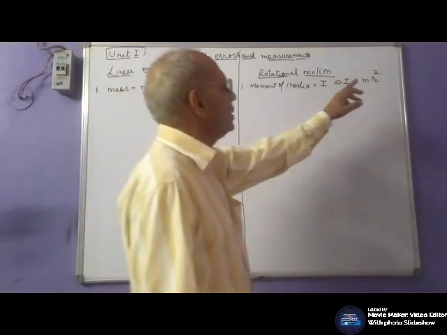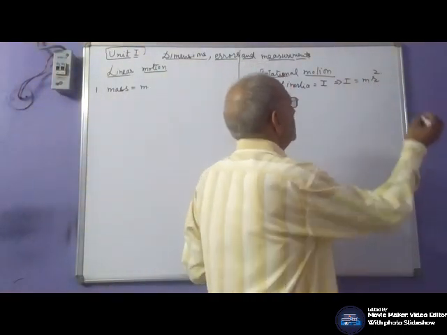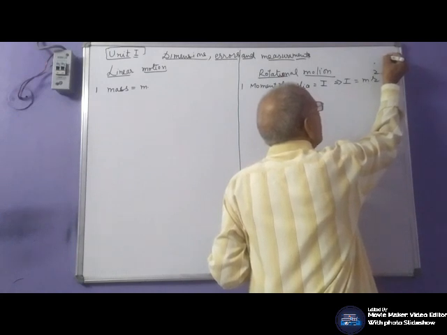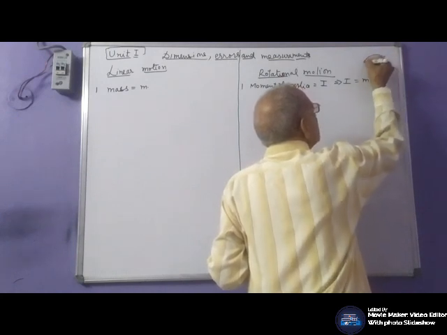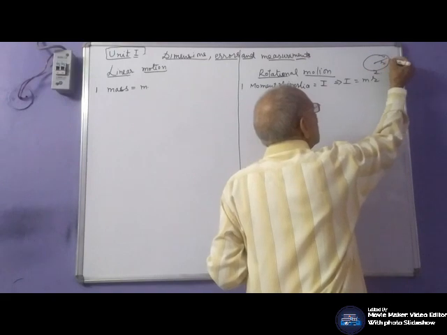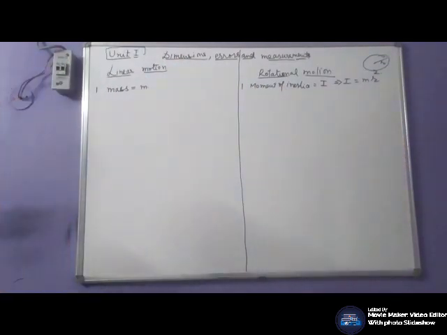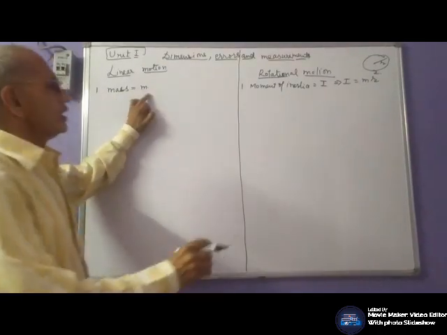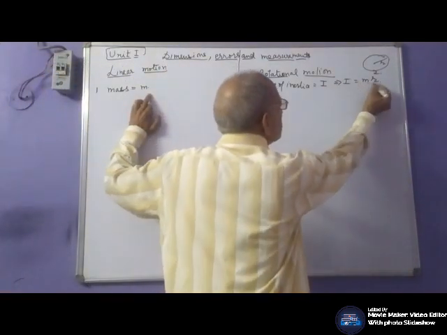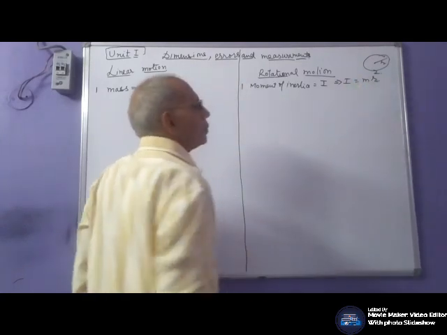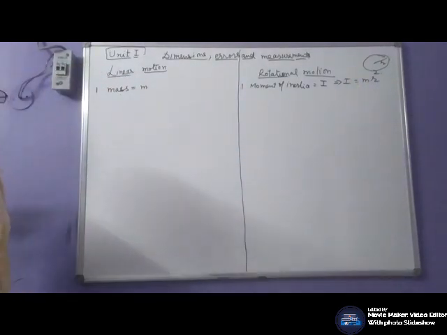So R is what? Radius. This is the center, this is a point mass. This point mass is rotating like this. This is R. This is a relation between M and I. We will do it later, that I is mr square.